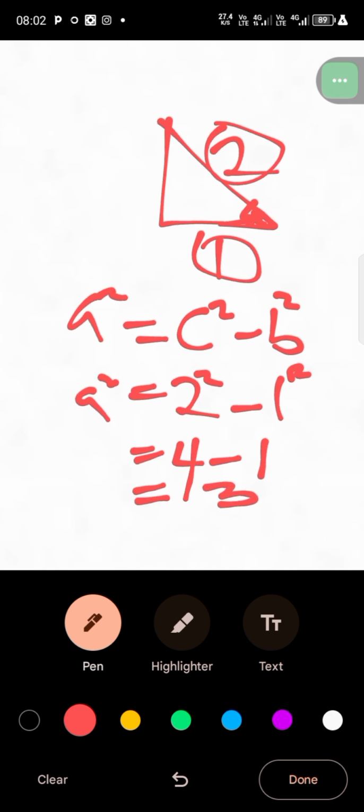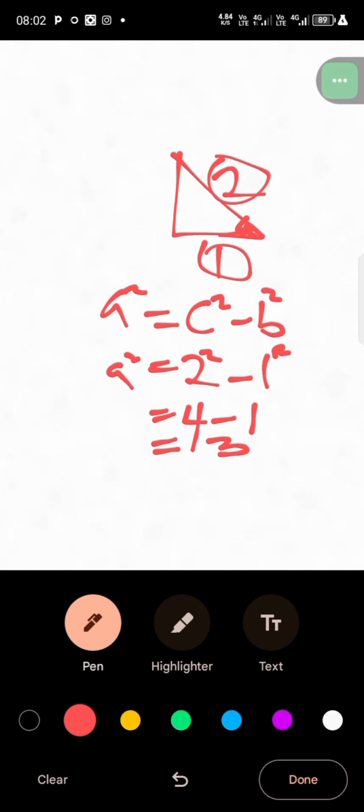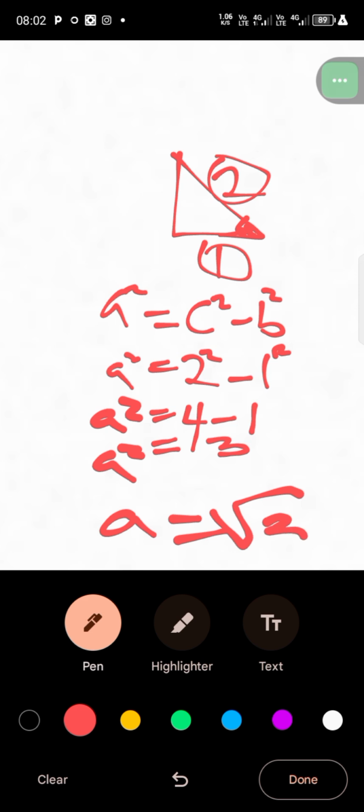To find the value of a, we take the square root of the other side. So we have the square root of 3. That's why we have that side to be the square root of 3.